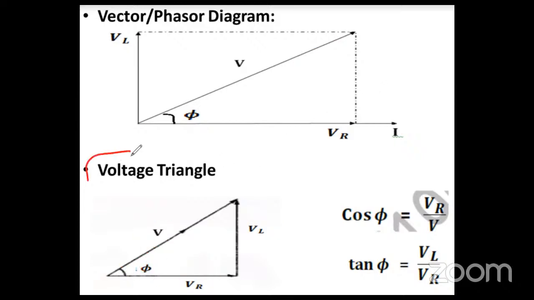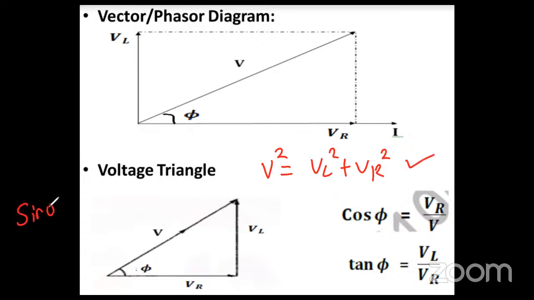Now by using voltage triangle, I want to derive some points. So by using Pythagoras theorem, what I write? V square is equal to VL square plus VR square. Yes. If I write sin phi, तो क्या आएगा sin phi? It's opposite upon hypotenuse. Opposite क्या है? VL. Hypotenuse is V. So VL upon V. मुझे अगर cos phi लिखना है तो cos phi क्या आएगा?